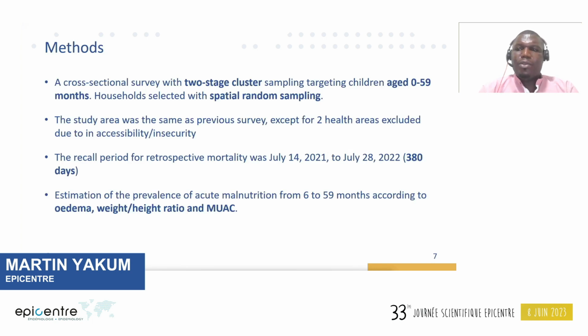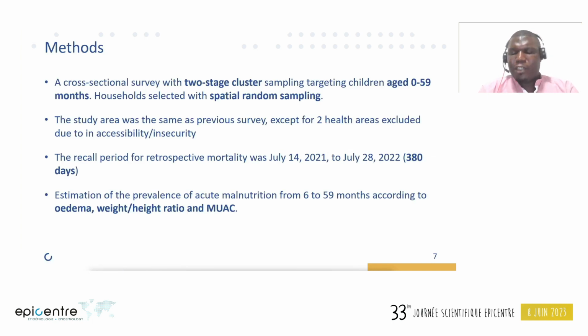When it comes to the method of the survey, it was a cross-sectional survey with 2-stage cluster sampling targeting children 0 to 59 months. Households were selected with spatial random sampling. We should mention that the study area was the same as that covered in previous surveys, except that this time around 2 health areas were excluded because of insecurity.